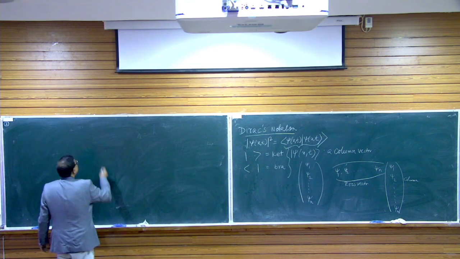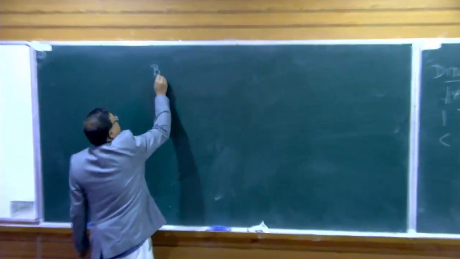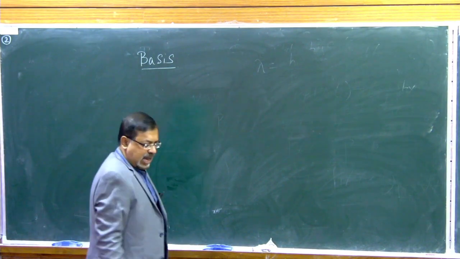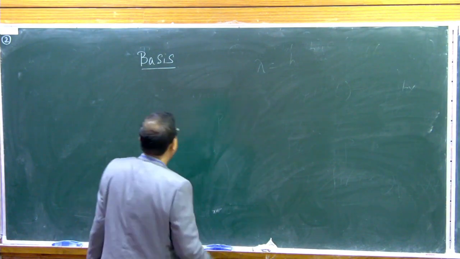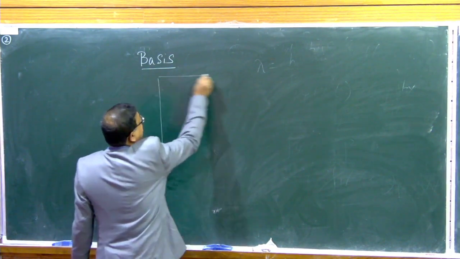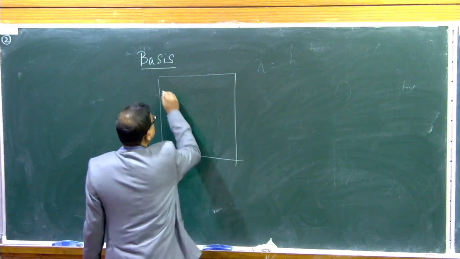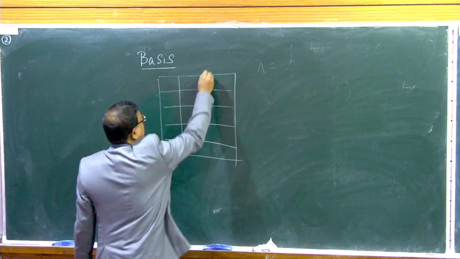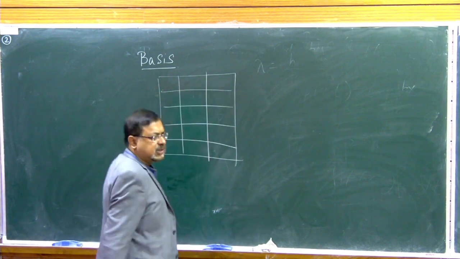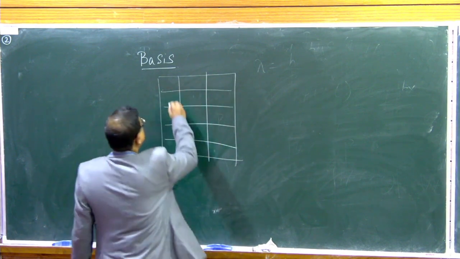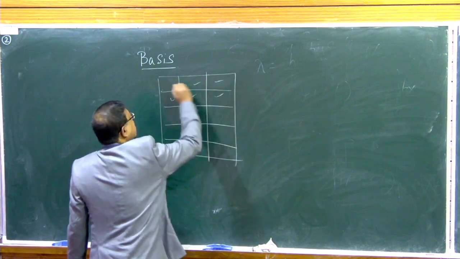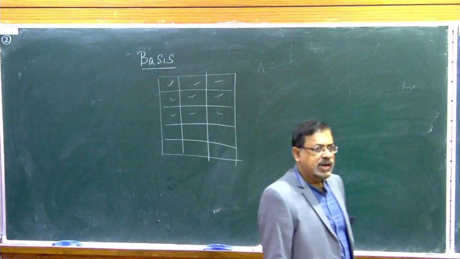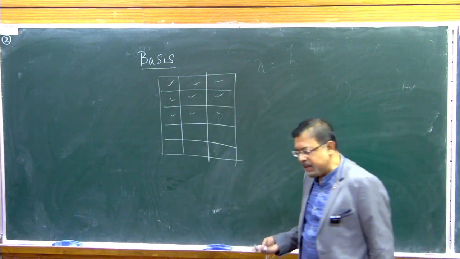So let me give you an idea of a term called basis. To understand it very simply, suppose I write down a table which has rows and columns, and there are some numbers or quantities put in these boxes. You'd be wondering what this table corresponds to.